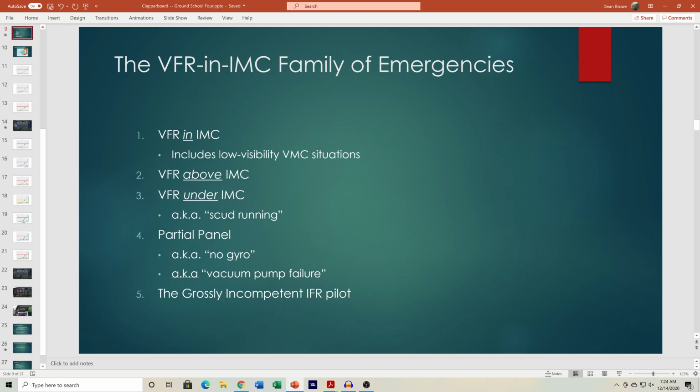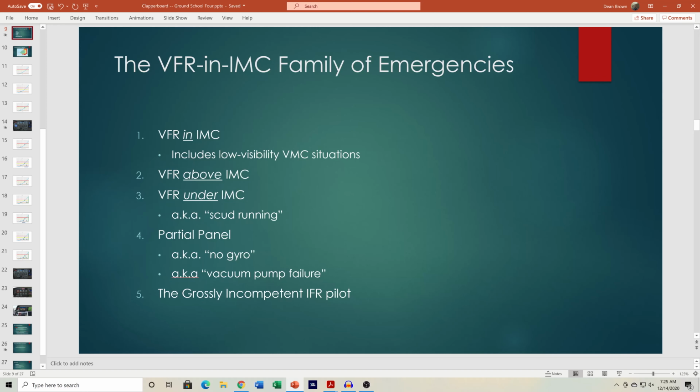If they present to us above an overcast layer, they're VMC when they present to us. It is super easy to do it fairly early. I would get this done fairly early in the situation for a variety of reasons. The scud running situation, again, man, these are nasty. I'm going to suggest that we will typically go to these fairly early unless it is thought that the best strategy is just to climb them up.